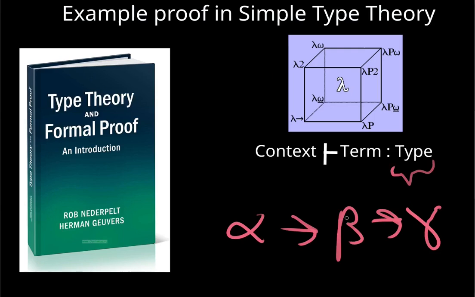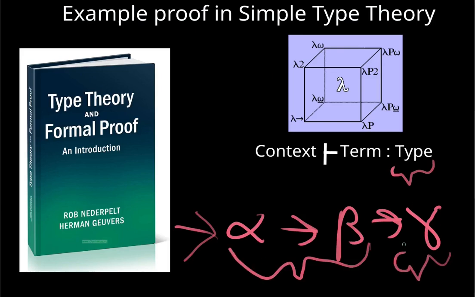So this is a type, which you probably also recognize from programming, right? If you've seen some Haskell, this is just the type of a curried function that takes two parameters and spits a parameter back out.